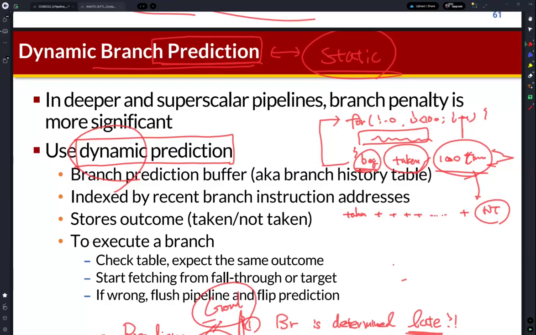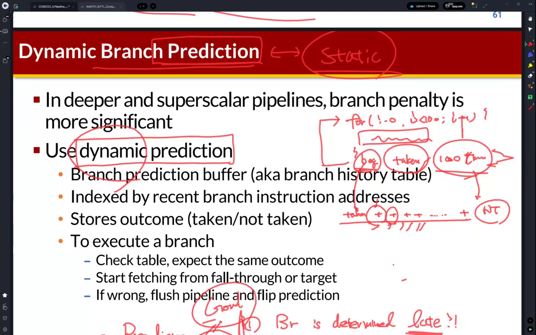So how can you predict? If the branch is taken once, then in the next iteration we can predict that the branch will be taken. It is taken again, and we predict taken again. We can predict the result of the branch instruction like this.